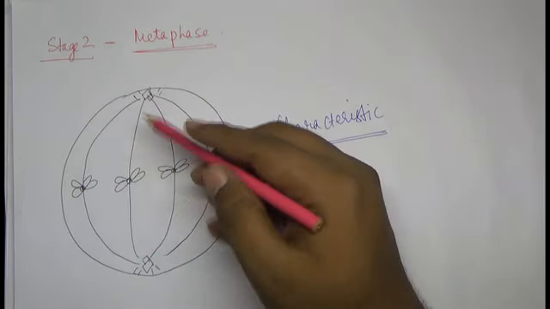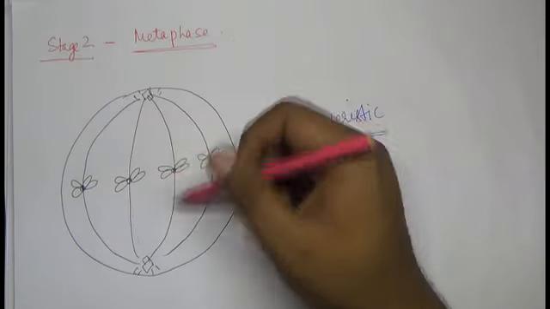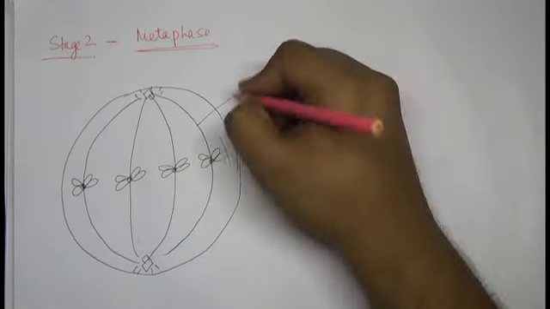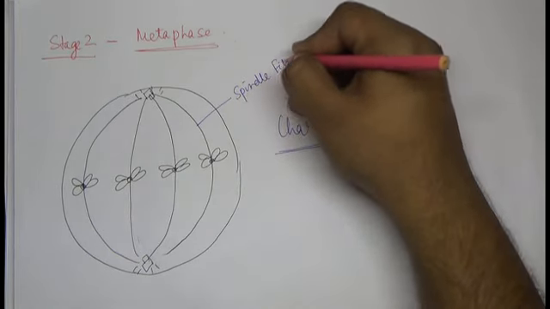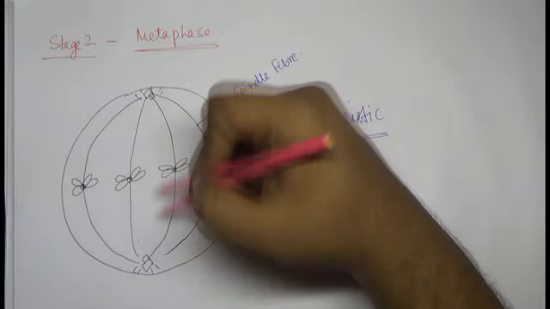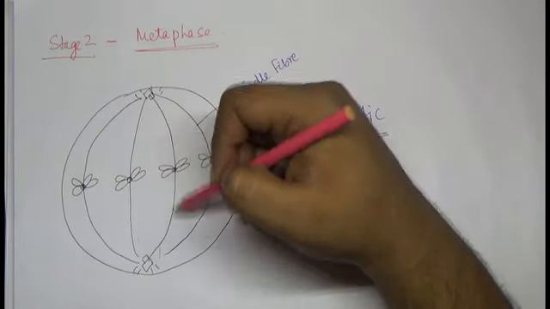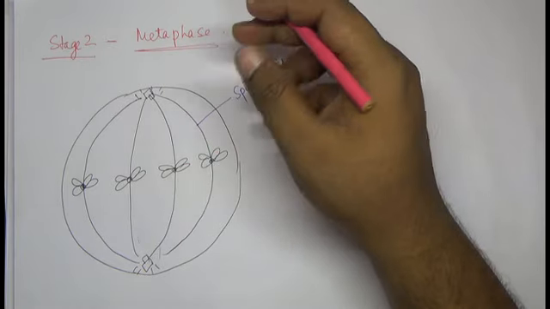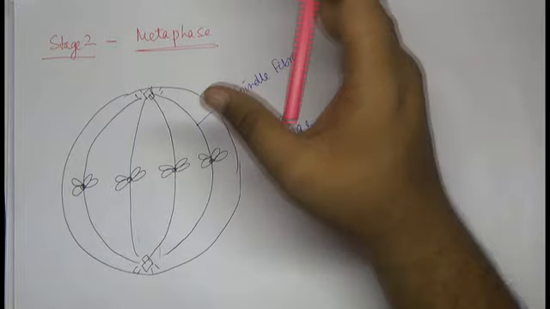Basically the first thing which you can see is, before even the alignment, if you imagine this to be the earth, you will notice these longitude-like structures. Can you see them? These structures are called the spindle fibers. They are produced during the metaphase. Basically it begins during the prophase only, but in the prophase we do not show it.